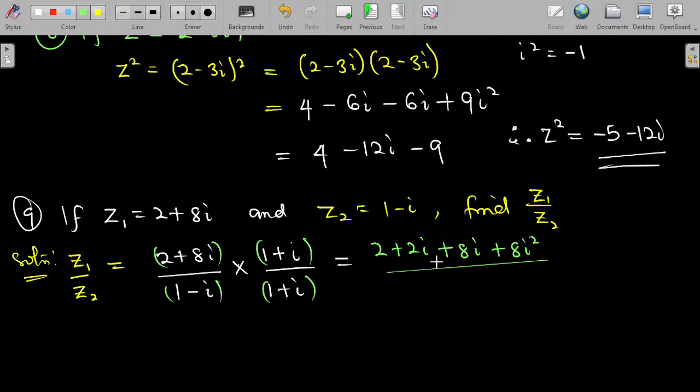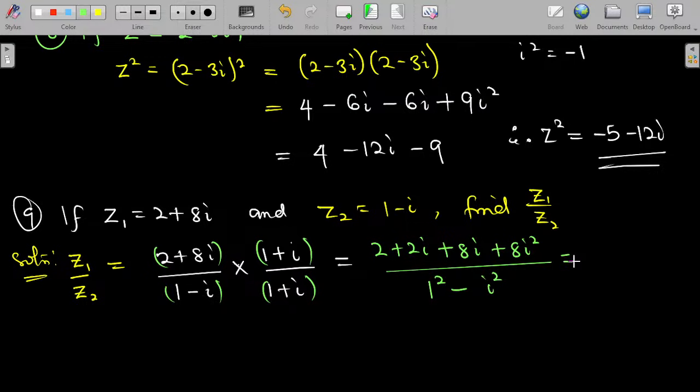All over, there is a way to multiply conjugates. You can see this denominator, they are conjugates of each other. And it also represents what we call difference of two squares. So just square one minus square the other one. So i squared, that's all. Okay? And we can continue here.